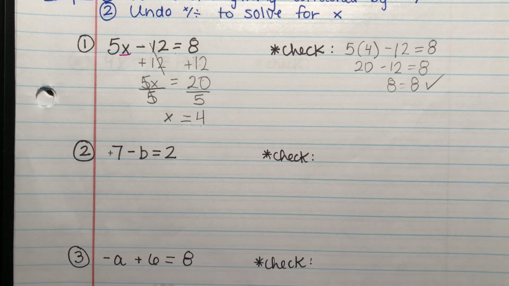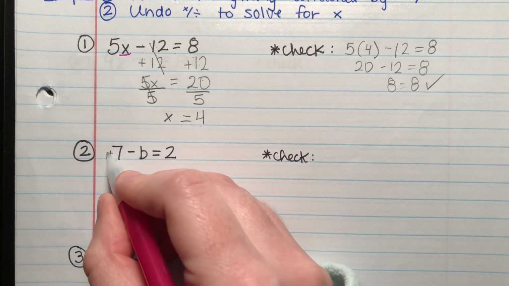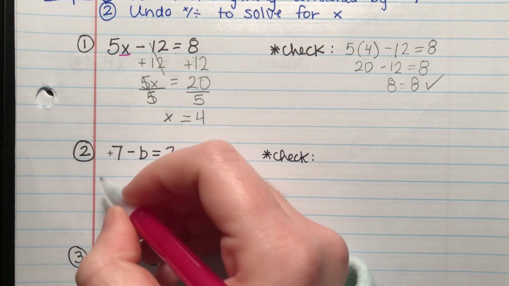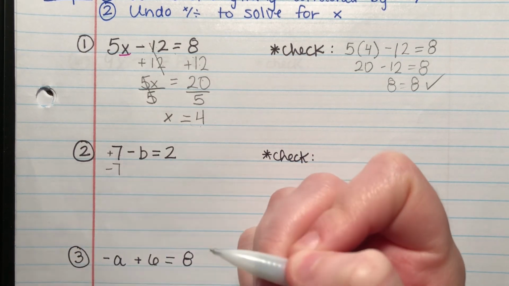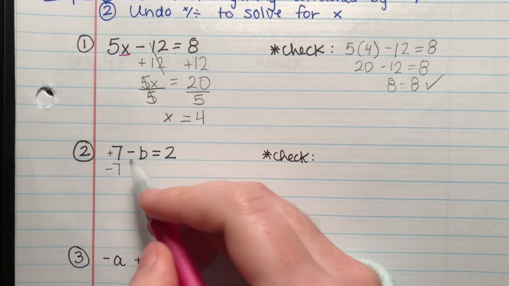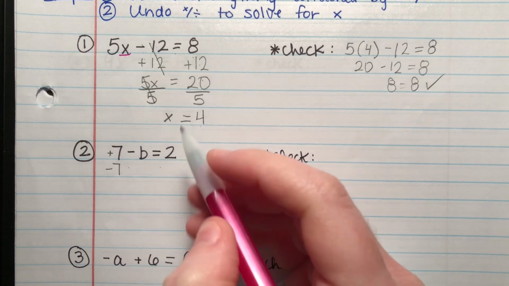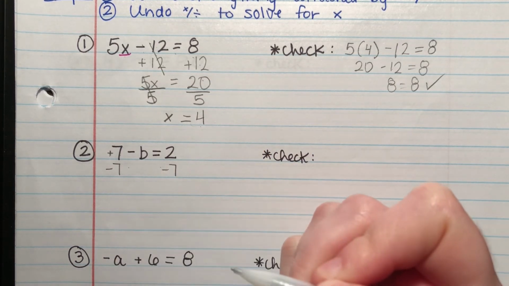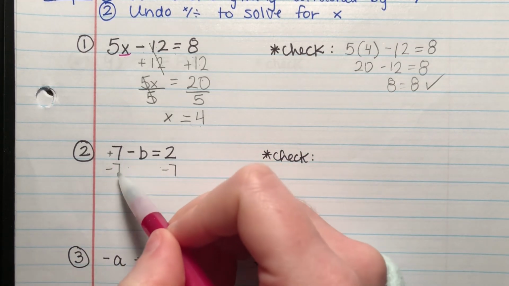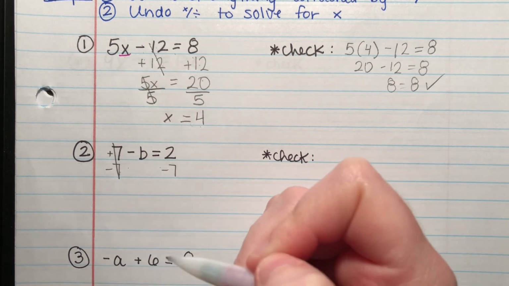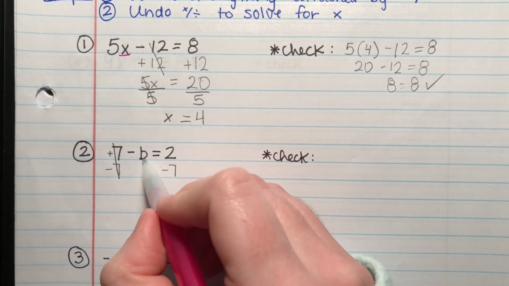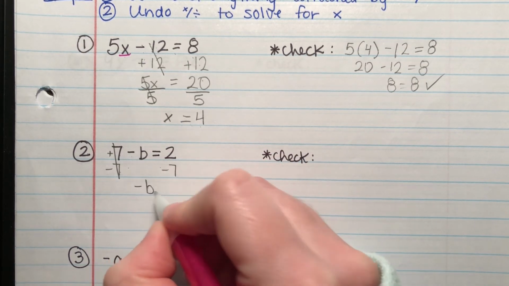I have to do the opposite. So what's the opposite of a positive or addition? That's going to be subtraction, right? And whatever I do to one side of the equation, I have to do to the other. All right, so 7 minus 7 gives me 0. So I'm left with negative b, so don't forget that sign there.